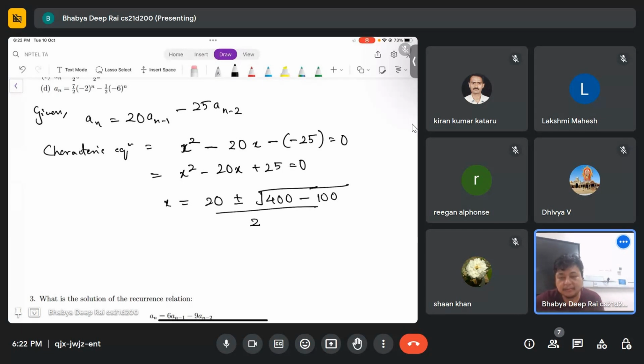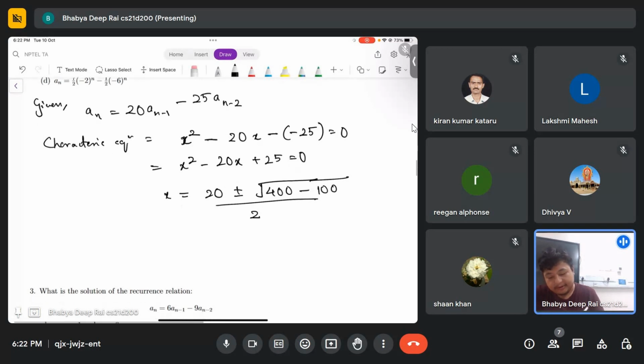Correct? So now what do you have? We have 20 plus minus root over 300 by 2. This is what we get as the root.